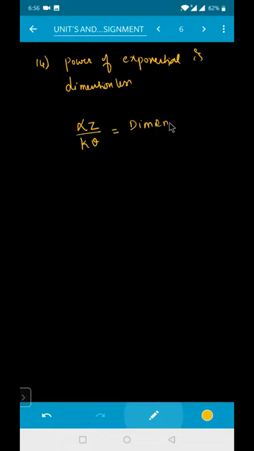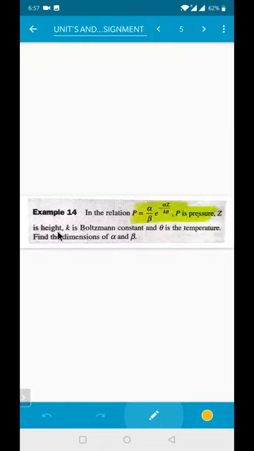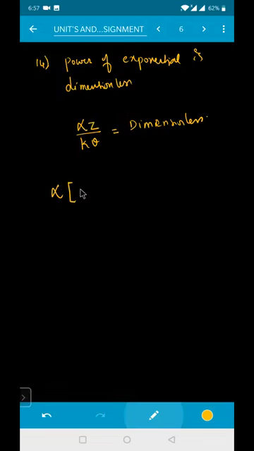Dimensionless. Okay. So I need the value of alpha. Alpha into what is z, beta? Z is your height. Height dimension is nothing but length only, no? Yes, sir. This will be divided by k, your Boltzmann's constant, beta.